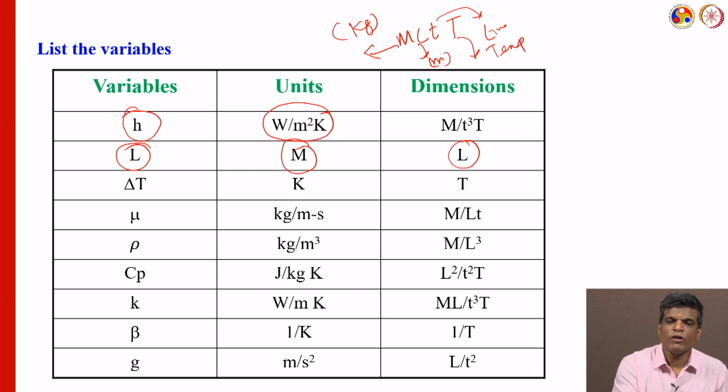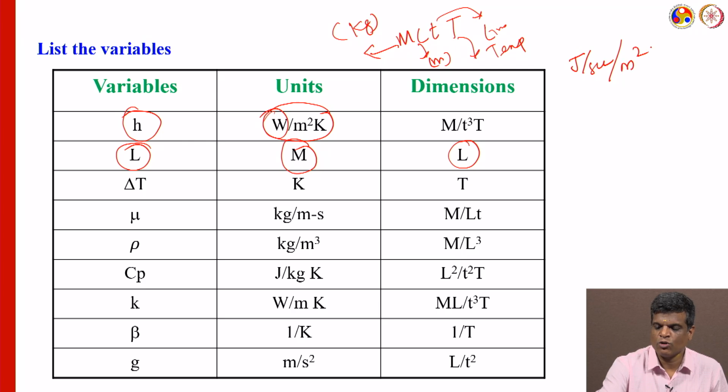So, the first one is watt per meter square Kelvin. Watt we can replace with joule per second, then meter square Kelvin. Joule: we always write force into distance, W equals F into S. F we can write as M A, into S distance, divided by meter square Kelvin.